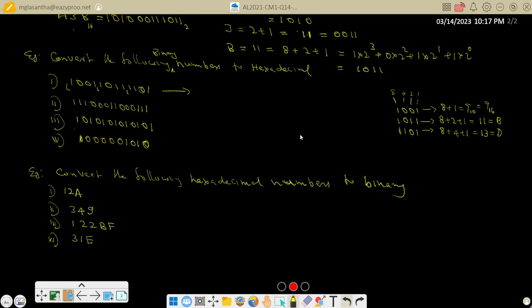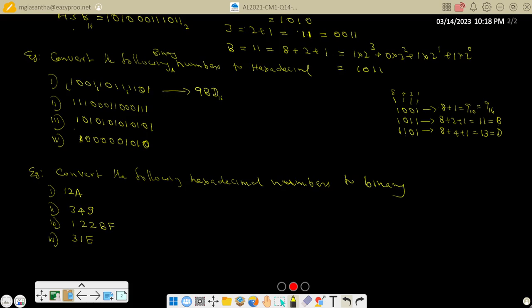D. So the hexadecimal number is 9BD. Okay. So this equals 9BD under hexadecimal. In that manner you can convert other numbers also.